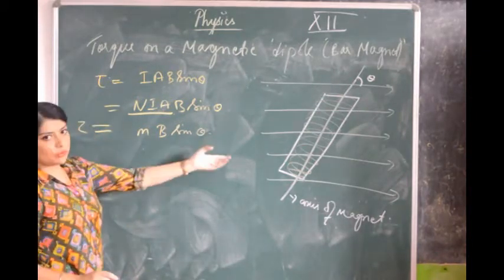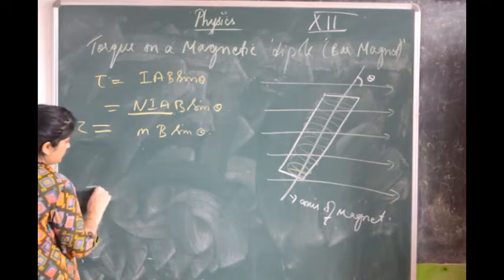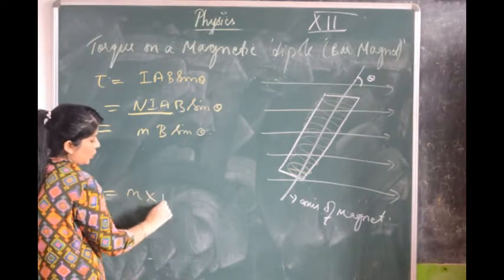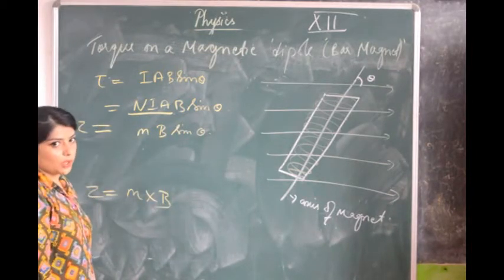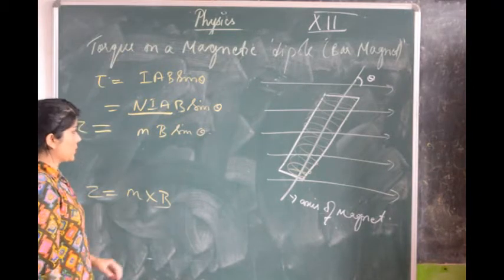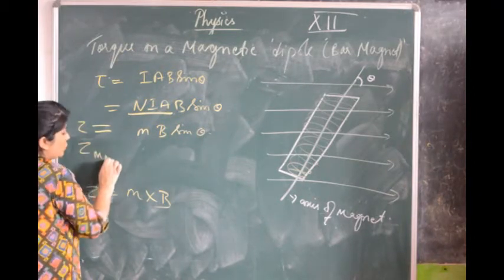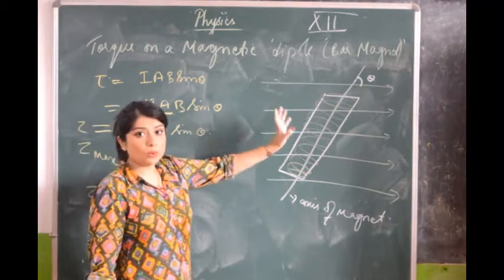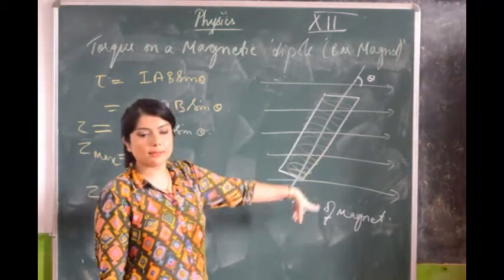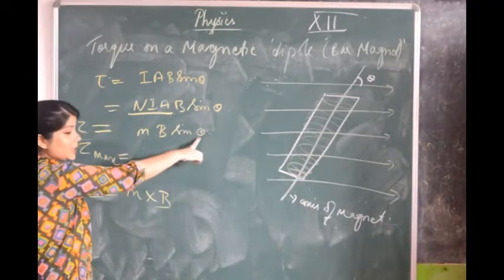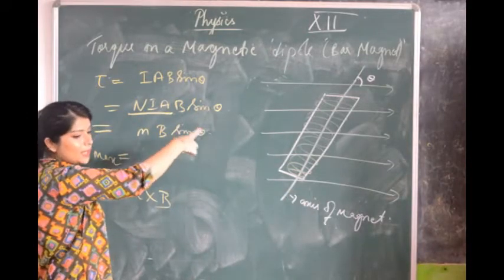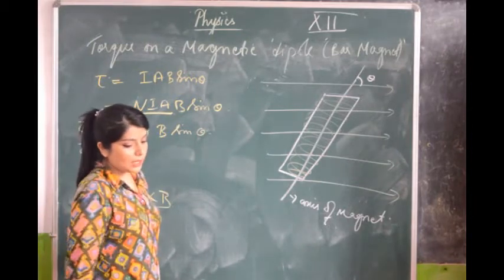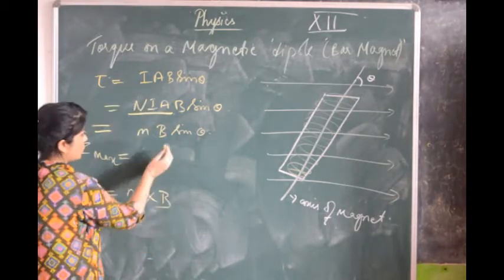Suppose you want to remove the sin theta, what we can do is directly write M cross B, because sin theta comes from a cross product. Now with this, what will be the condition for maximum torque? When will the maximum torque be experienced by this magnet? It is when sin theta is maximum, when theta is actually 90 degrees.